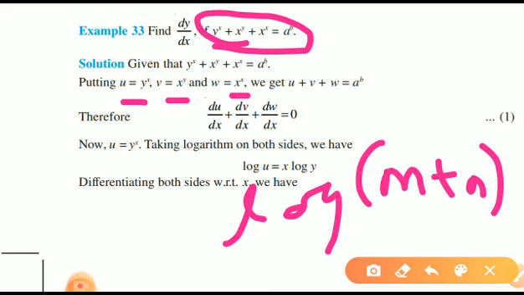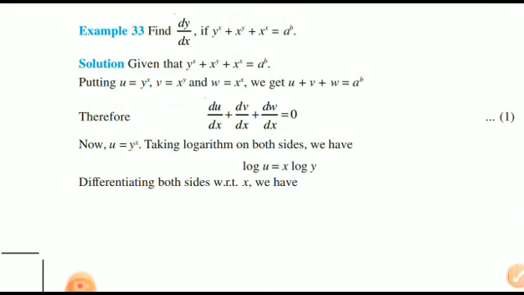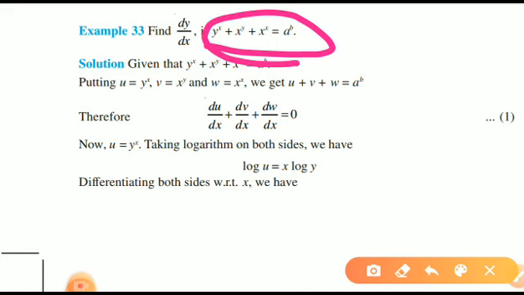So don't take log directly, because if that step is wrong, even though in your mind you'll be doing the rest of the steps, the first step, since it is wrong, won't be logically correct. We have a property only for log of m into n, it is log m plus log n. So don't take log on both sides at this very first stage. If you have a plus sign in between the functions, you have to take them separately.